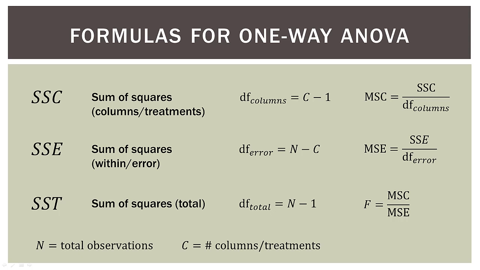And then in the denominator, we're going to have the mean squared error, which is the variance of the sum of squares inside the columns. So we have between the columns on top and within the columns in the denominator. That's why you will often see this as an F ratio that is between divided by within. Between the columns divided by the variance of the data within the columns.